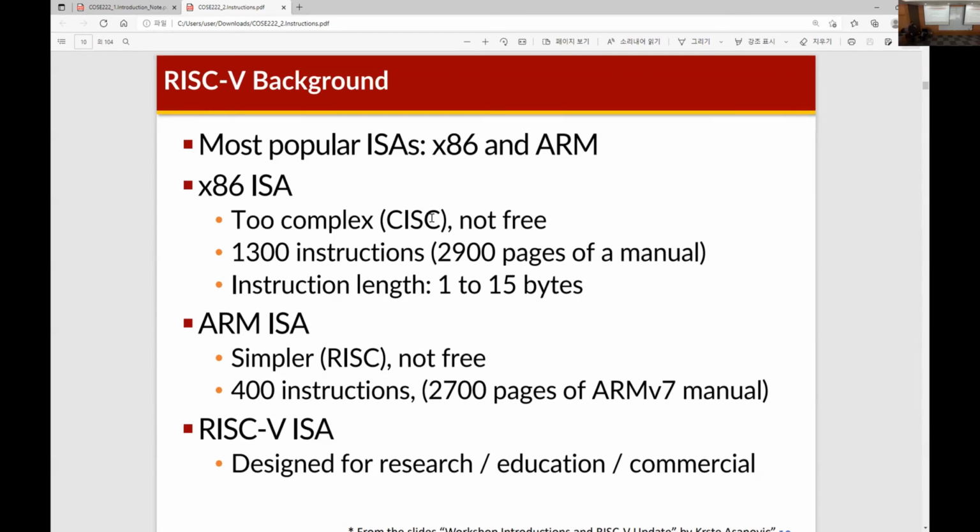It's not free, so as I mentioned, the hardware vendors need to pay royalty to ARM to use it. It includes about 400 instructions. Just compare the number of instructions between ARM and x86, and you can find that it's simple. And RISC-V is recently developed and simpler than ARM, and we can use this RISC-V ISA for research, education, and commercial purposes.